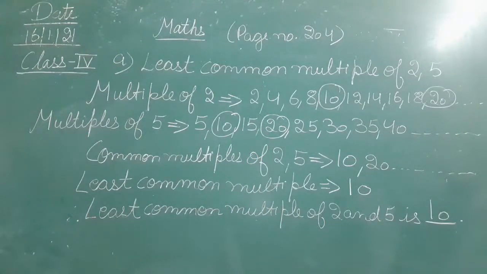Clear? So this is the least common multiple of 2 and 5. That is 10. Clear?